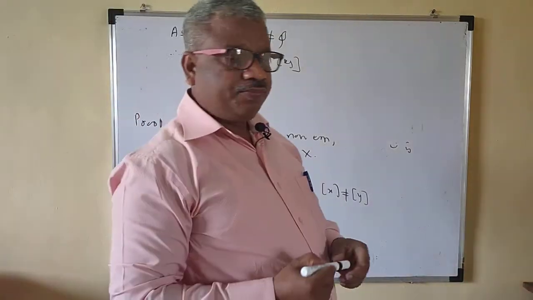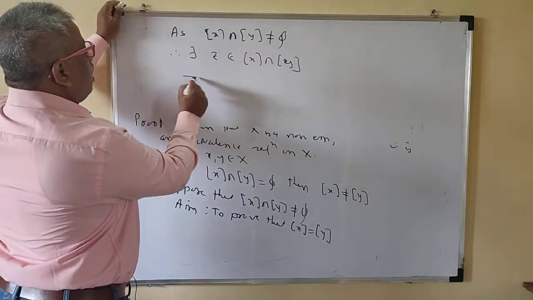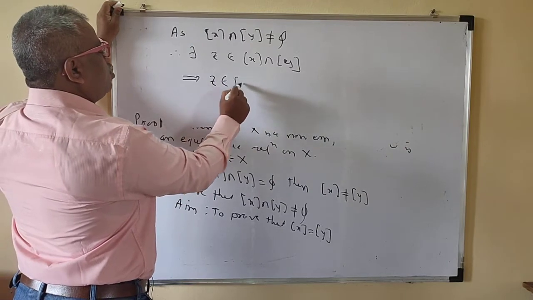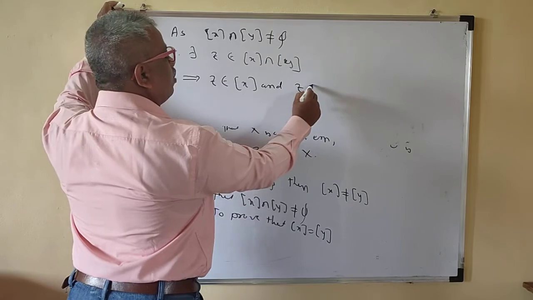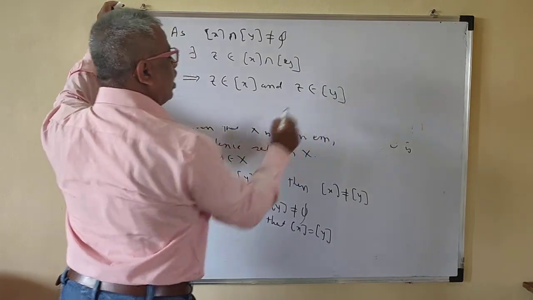So Z belongs to the equivalence class of X and Z belongs to the equivalence class of Y.